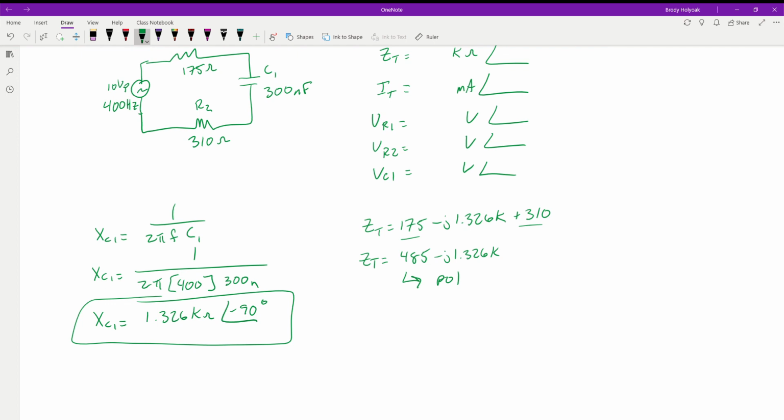we need it in polar form to be able to do the calculations to solve for our current. So we're going to convert that to polar. The Z total is going to be equal to the square root of 485 squared plus 1326 squared, at an angle of the arctangent of negative 1326 divided by 485.